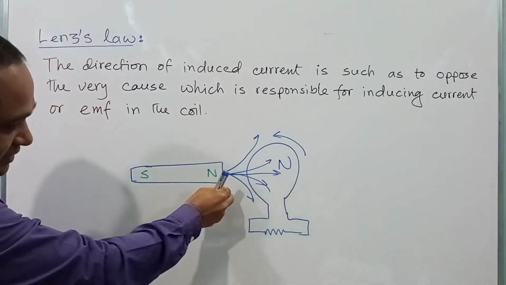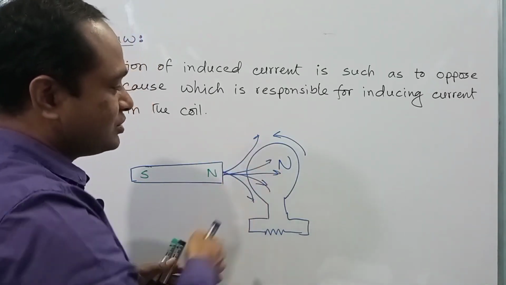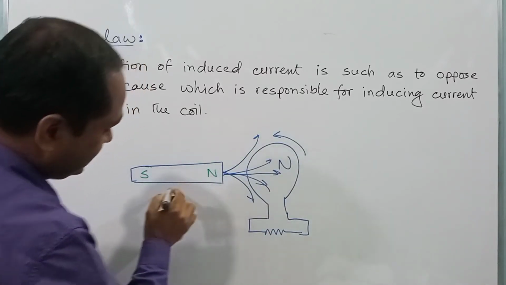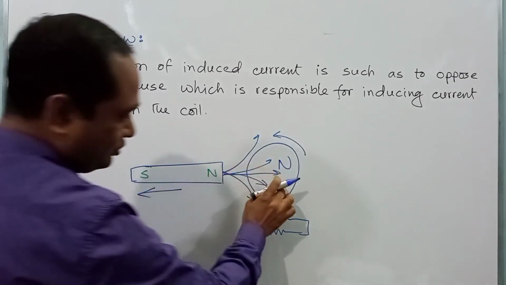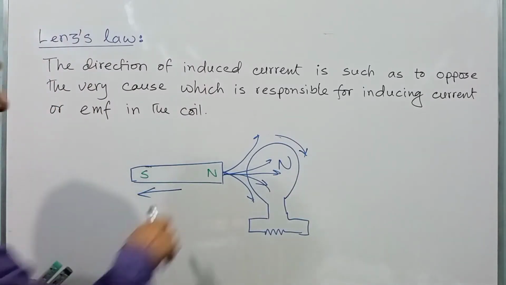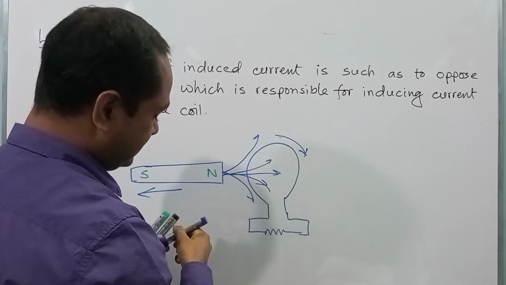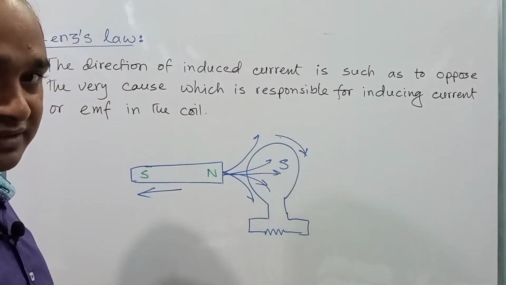Again, when the bar magnet moves away from the loop, then the direction of the current will be reversed. So it will be clockwise, and it will create a south pole in the loop, which will attract the north pole of the bar magnet.